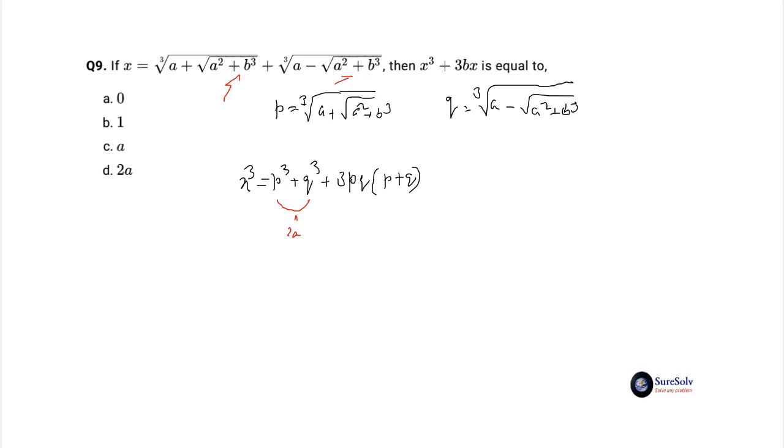Only pq is left to be evaluated. For the product pq, the second term under square root of a square plus b cube gets squared up, and the result of the product becomes pq equal to cube root of a square minus in brackets a square plus b cube equal to cube root of minus b cube equal to minus b.